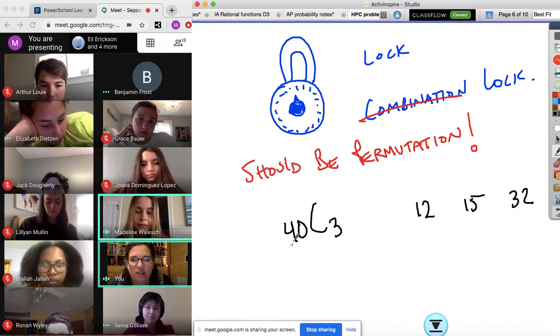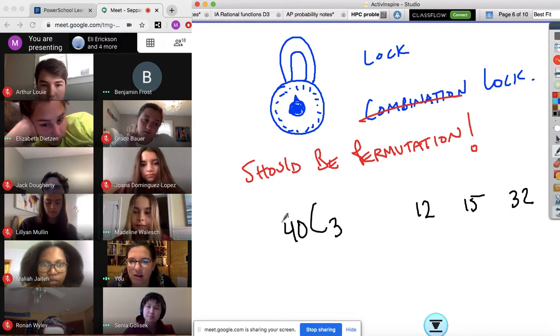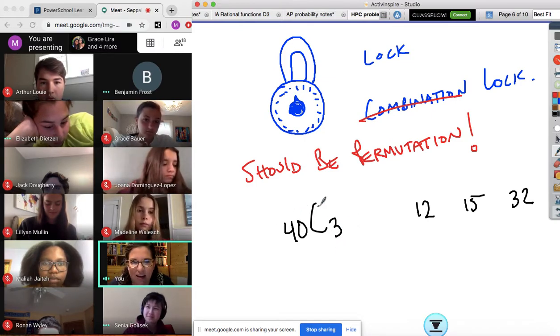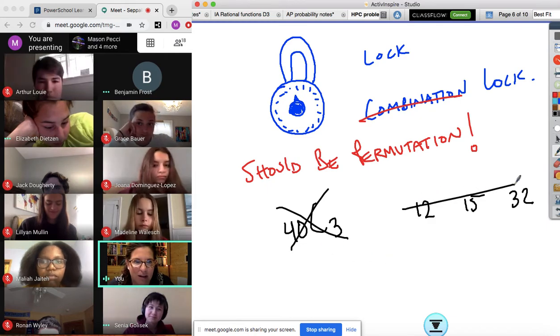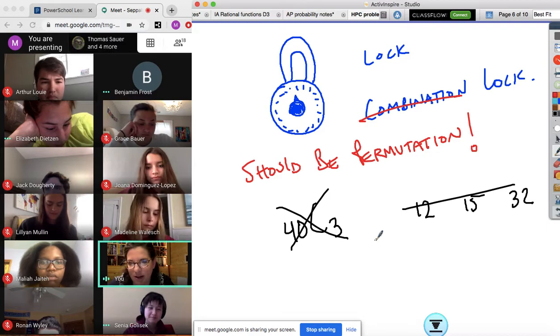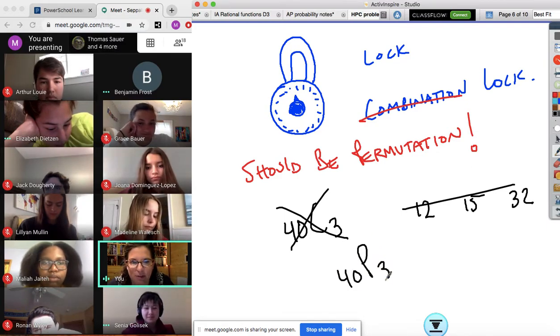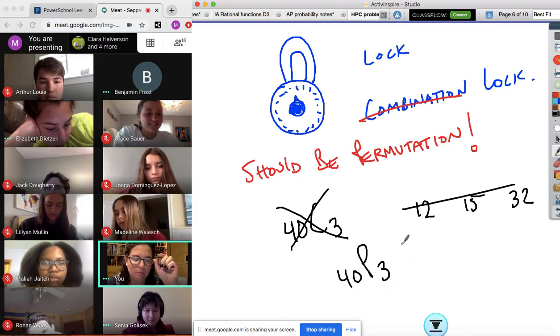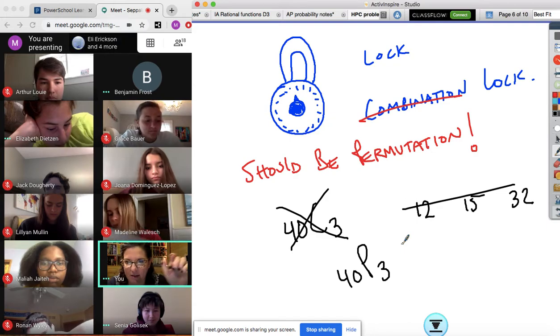No. That's what this would be: the number of ways of choosing any 3 numbers out of 40 numbers. So that's not actually what's happening here. They have to be in an order. So permutation would be the correct term. You would be doing 40P3, and that would give you the number of ways to have 3 digits in a particular order.